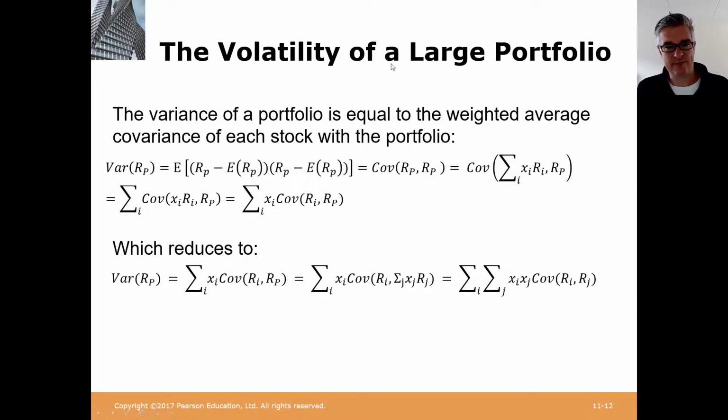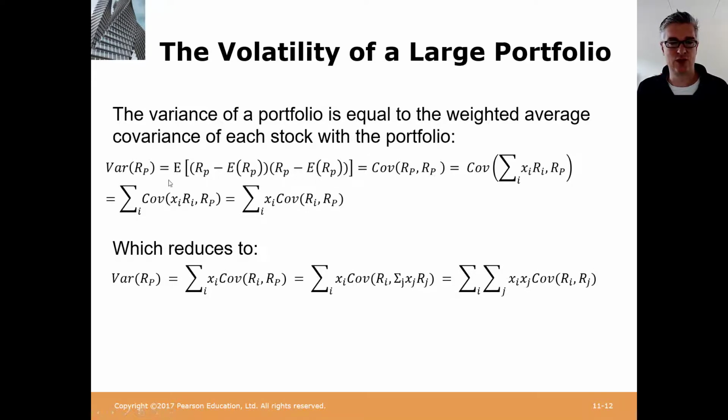And so let's calculate the variance of a portfolio. I'm going to start at the top left right here. So the variance of a portfolio is, well, its expected squared deviations from the expected value, right? So in this case, the expectation of (RP minus the expected value) times (RP minus the expected value).